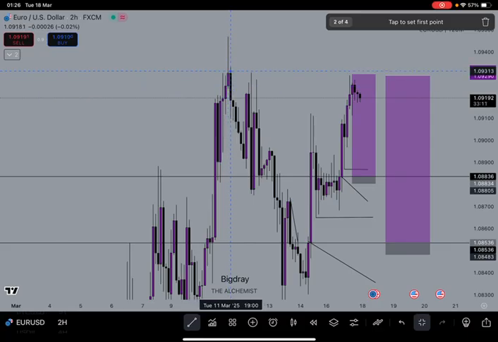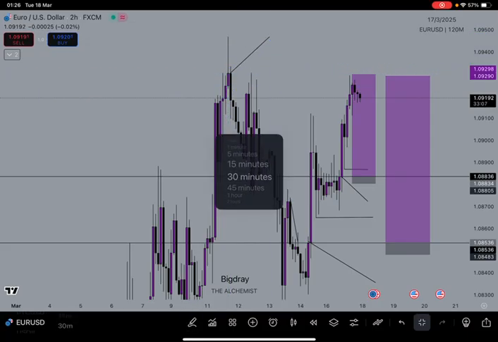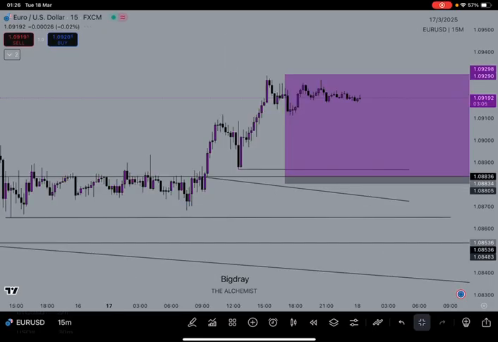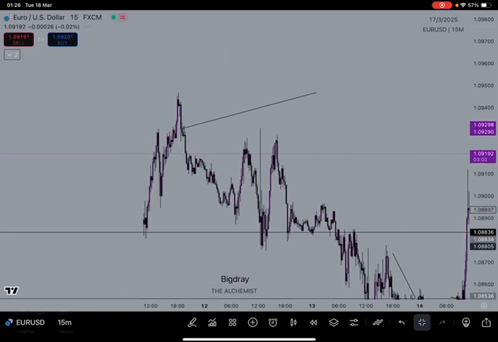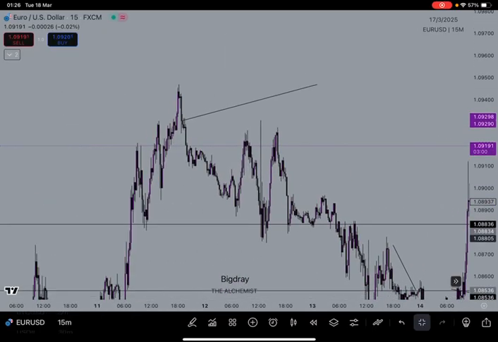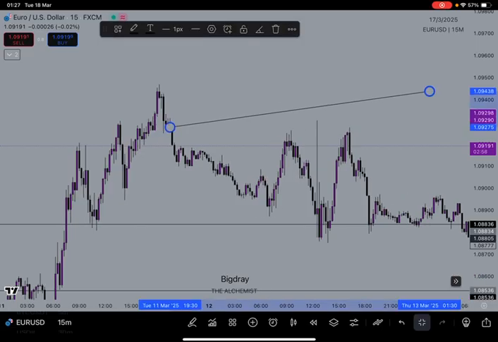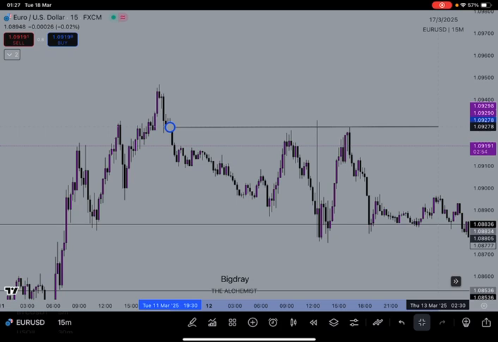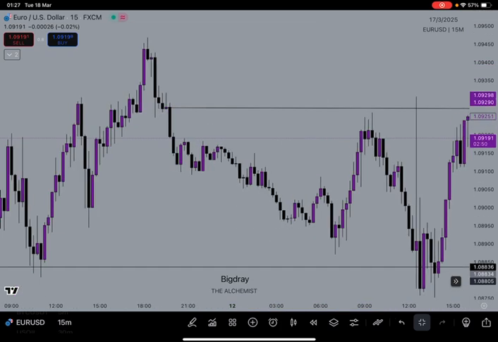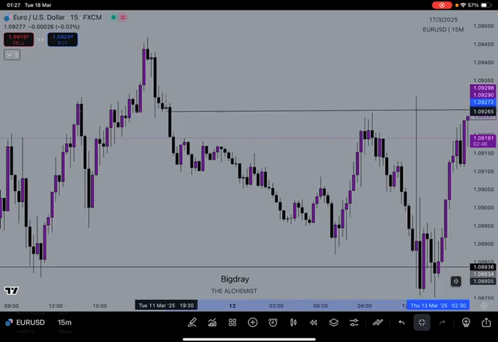But here too, let me go to a lower time frame. That place might be a normal order block. Can you see? Very simple. The last bullish candle here, the last bullish candle before the bearish impulsive move, is an order block. This is your order block.